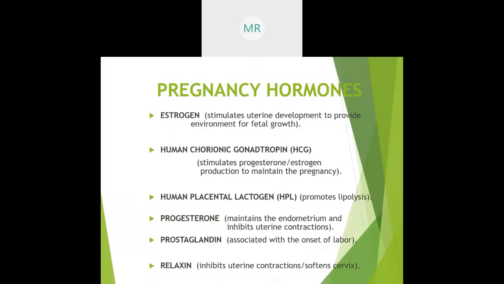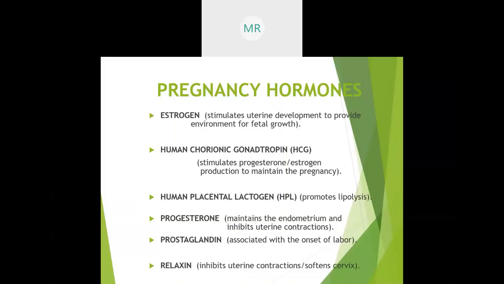And we have good old prostaglandin associated with the onset of labor. This is lipids, and lipids are found throughout the female reproductive system. There's increased concentrations that are found in pregnancy. And also, when prostaglandin levels are decreased, it contributes to pregnancy-induced hypertension.